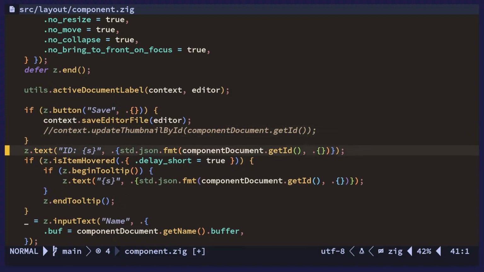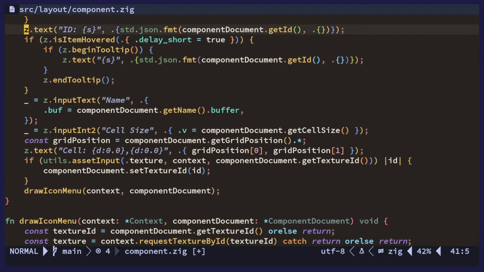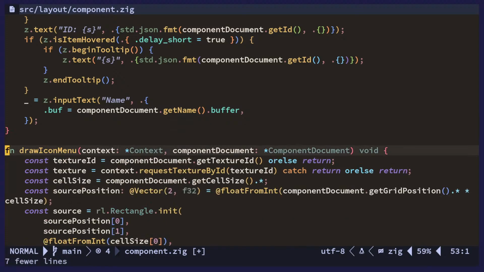Let's just do that for now. Sure, we can show the ID. I'm just checking what we should keep here. The ID is hovered, so we show the ID fully there. Then we have the name, which is an input. This should be good as well, so you can change the name of the component. And then cell size, we're not going to be using this, and we're not going to draw an icon menu.